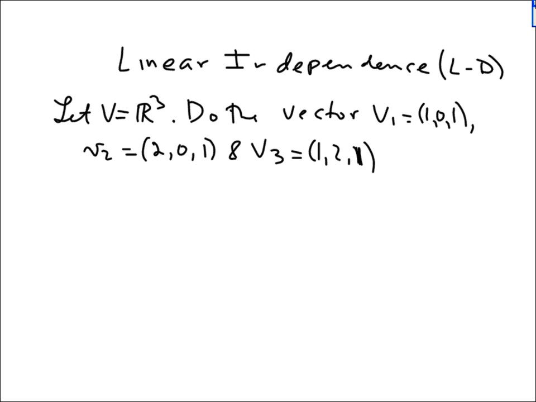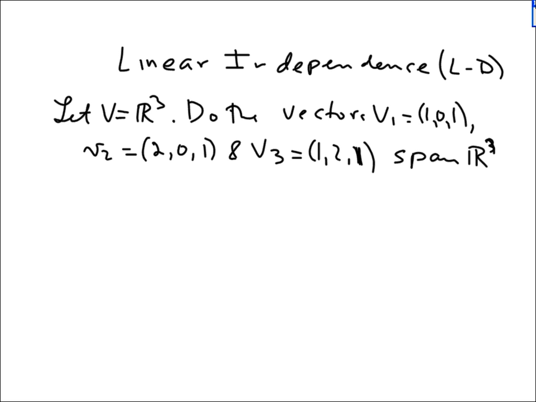Do the vectors V1, V2, V3 span R3? That is, can any vector in R3 be written as a linear combination of the vectors 1, 2, and 3?